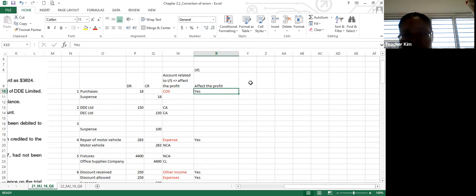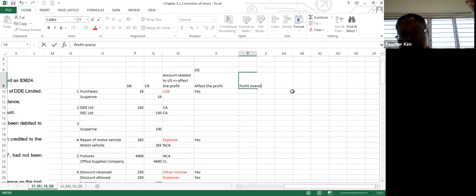But if the question asks whether the profit is overstated or understated, it is talking about before adjustment of the error.